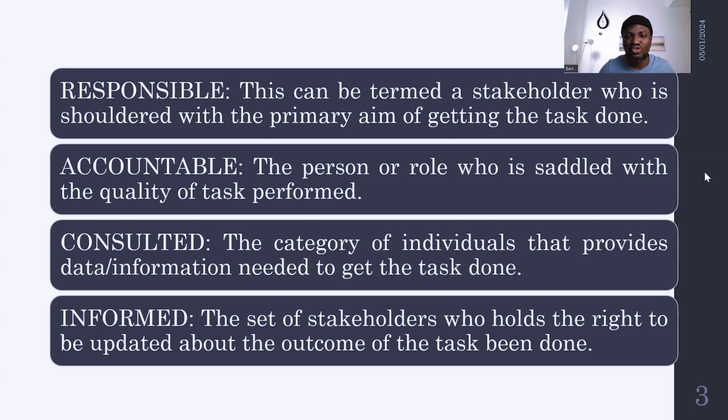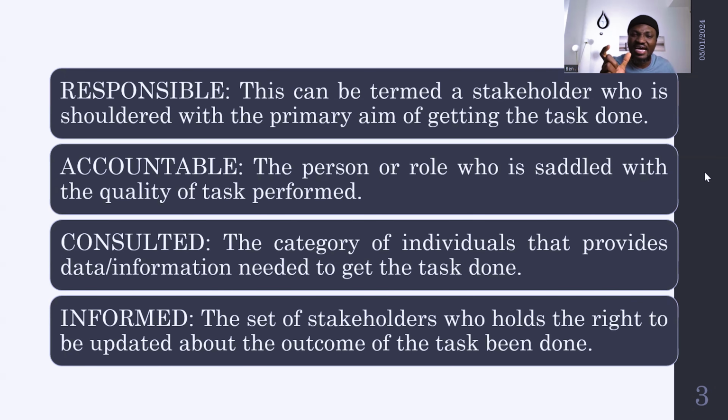And that takes us to consult. Who do you need to consult in order to get the task done? Using the example I gave at the beginning of this session, you will agree with me that for the business analyst to elicit the requirements, the business analyst needs to meet with the head of finance.